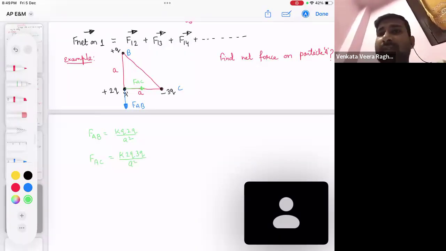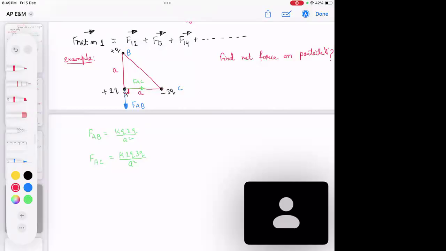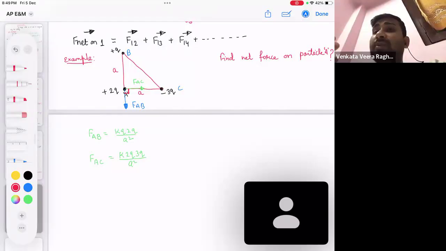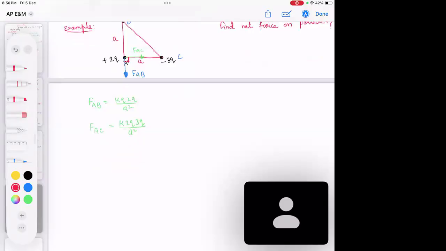And how are these two forces acting? Tell me, everyone. Are they perpendicular to each other? Yes, sir, 90 degrees. Now we know both vector magnitudes, and we also know the angle between them. So can I get the net force now?